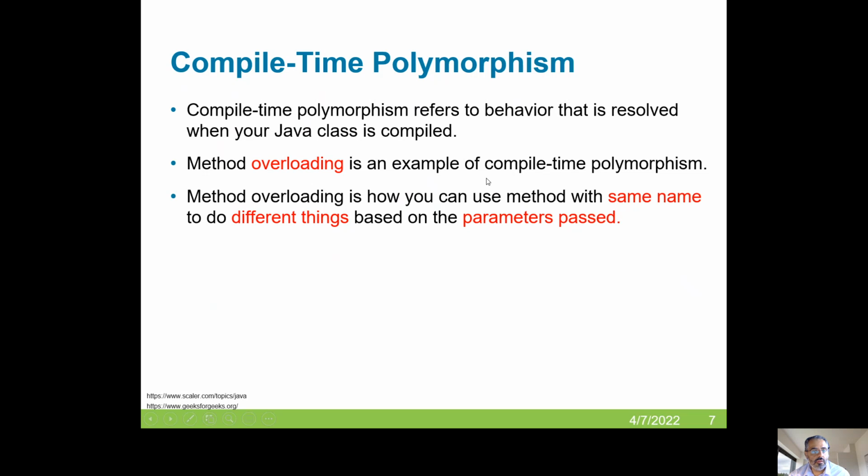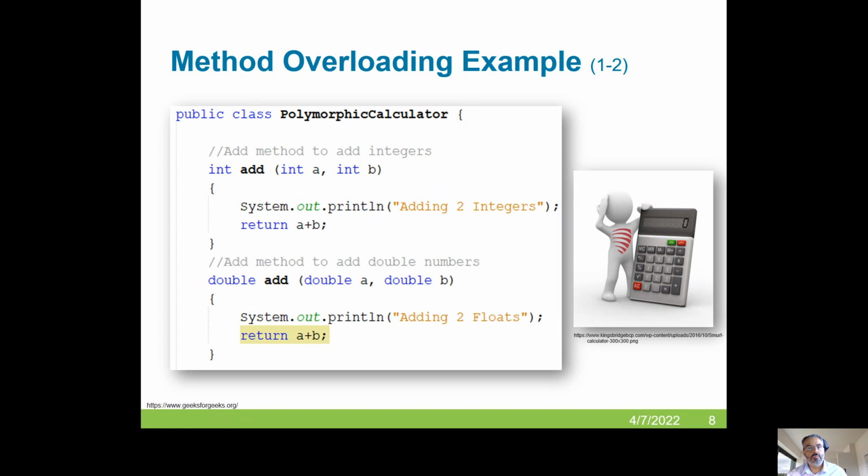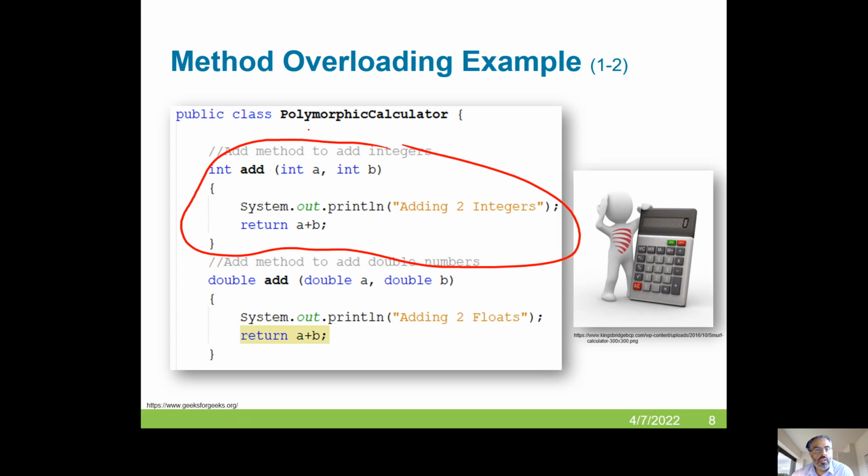One example of this is method overloading, which means that we can have different versions of the same method by having different parameters or different signatures. An example, a polymorphic calculator. Here, we are going to define first this method. We name it add.